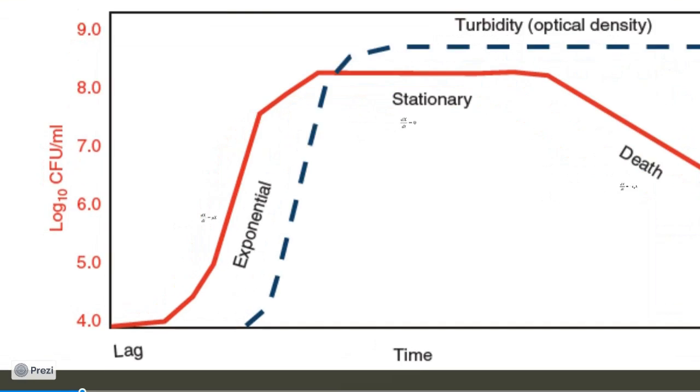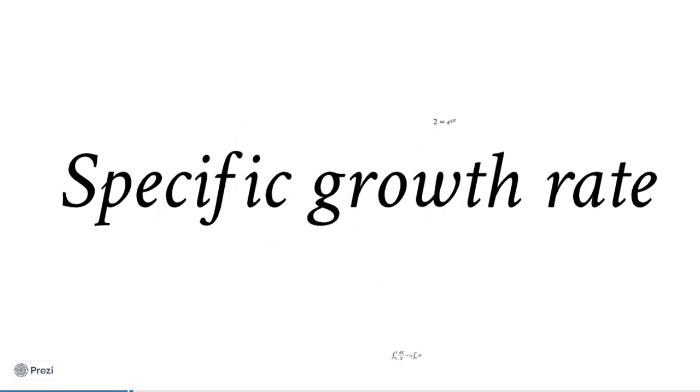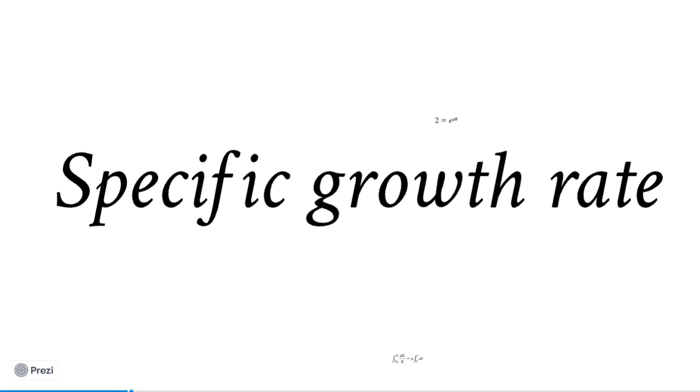The cells start multiplying exponentially in the exponential phase, where the growth rate of the organism is given by Malthus law, which states that the change in biomass concentration with respect to time is directly proportional to the biomass concentration, and the proportionality constant is the specific growth rate of the organism.